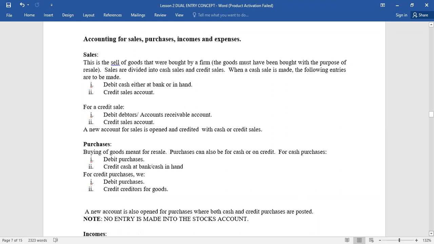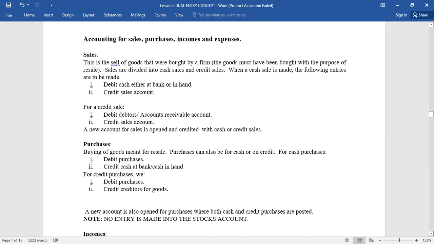So when a cash sale is made, we have two entries. The double entry will be our cash will increase because we are selling for cash. And this will be either cash at bank or cash in hand. Most businesses nowadays will even tell you to pay through M-Pesa. M-Pesa will be linked to your bank account. So it is cash, yes, but that cash will be sent to your bank account.